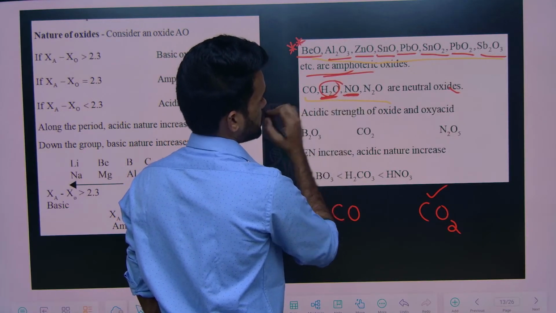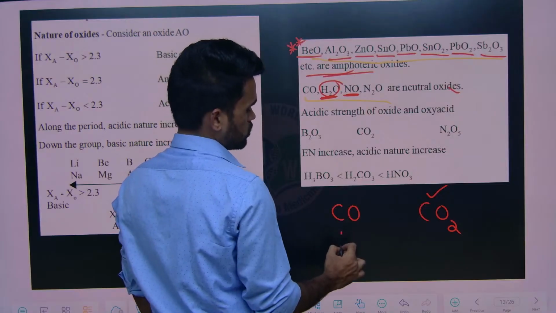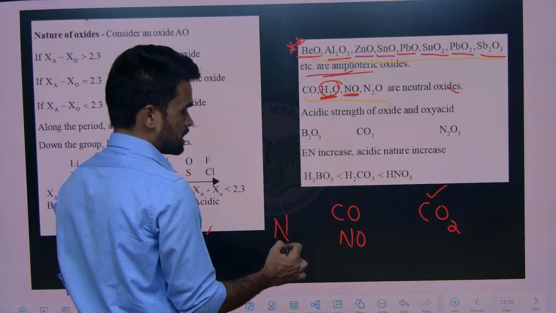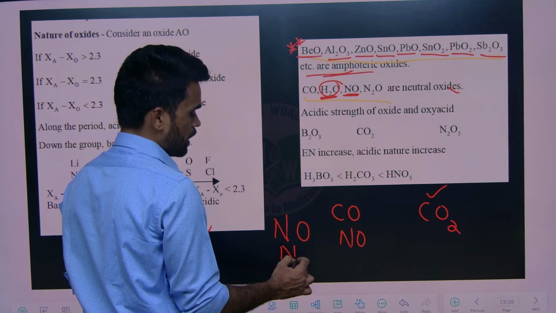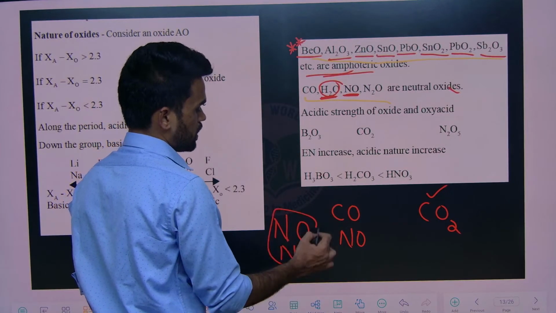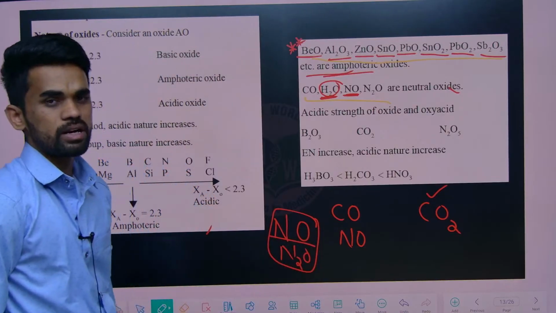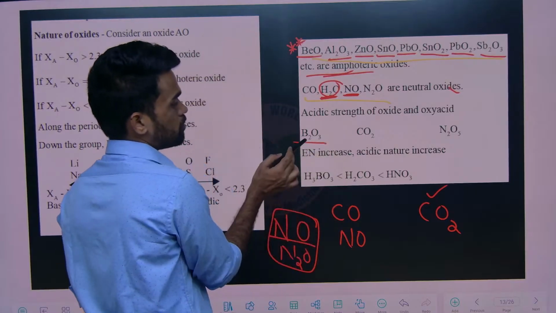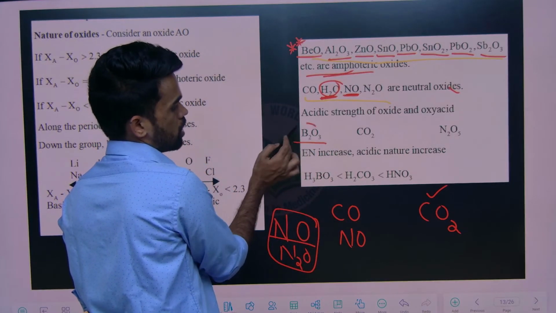The next, NO. So NO is also neutral. Out of all possible oxides of nitrogen, NO and N2O are neutral oxides. Remaining all other oxides are acidic. Now, boron oxide, the boron anhydride, is there here.